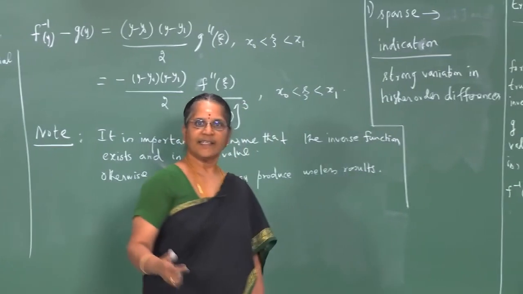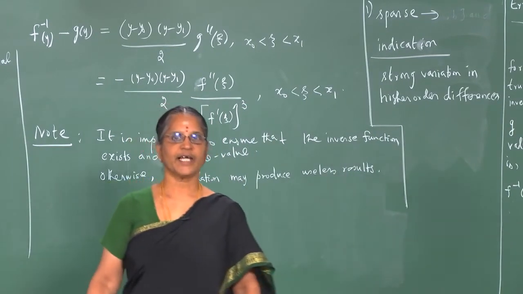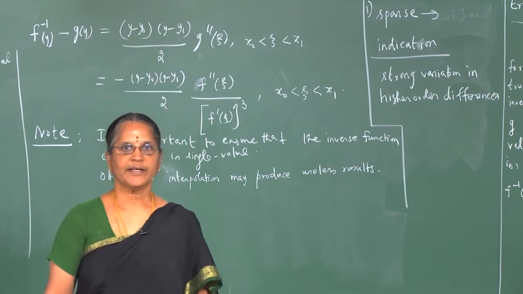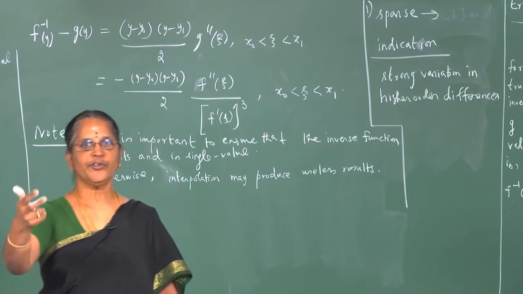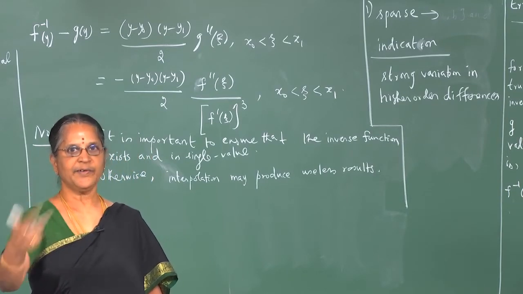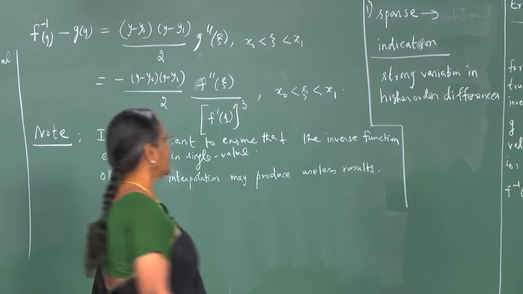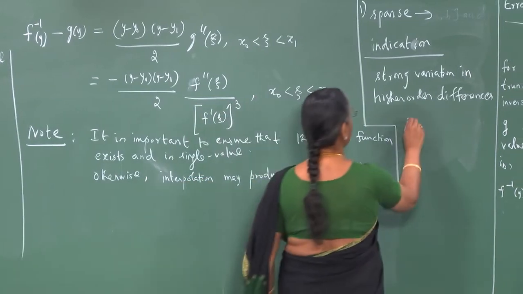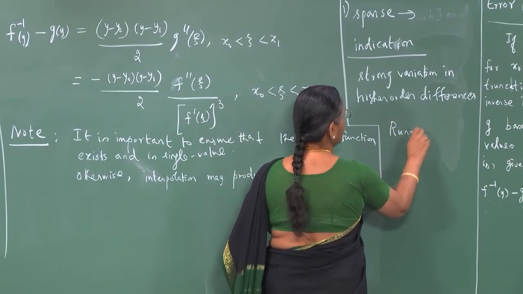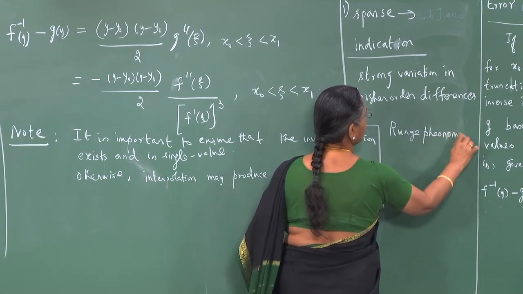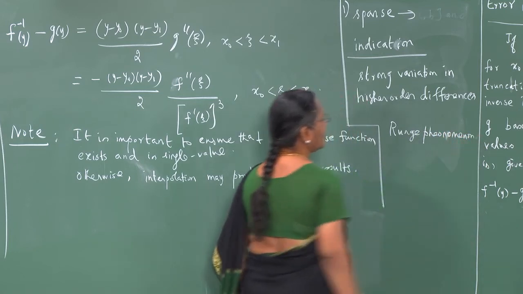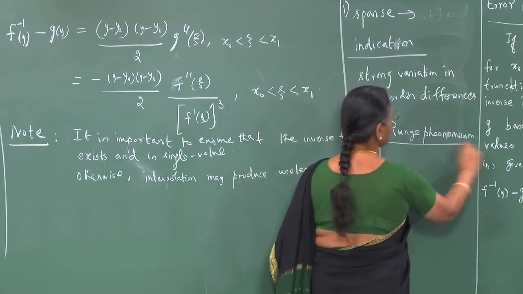Then there is a third indication which you can get by seeing whether the problem that you are dealing with displays what is known as Runge phenomena. So, what is this Runge phenomena?